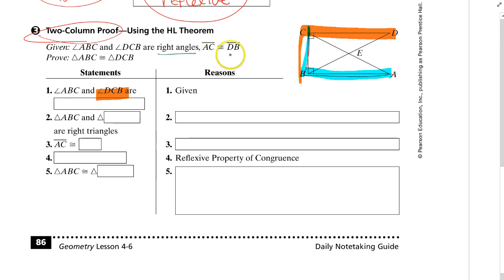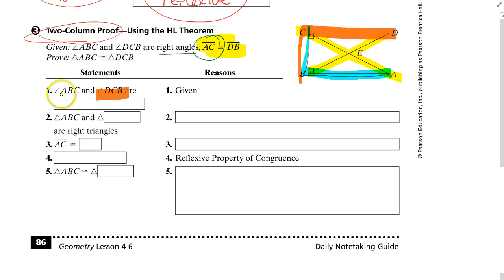Great. And we know that AC is congruent to DB. AC, so this line here, is congruent to DB. So I'll color code those a little bit. Now we have to prove that the two triangles are congruent.